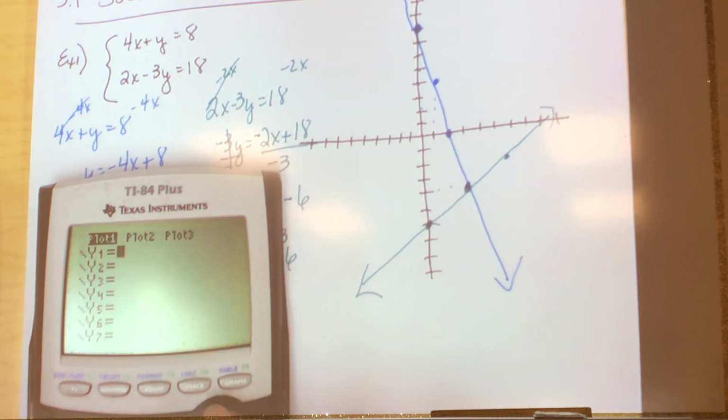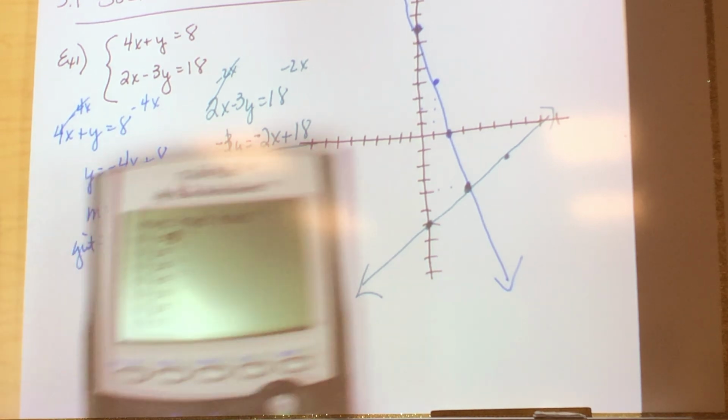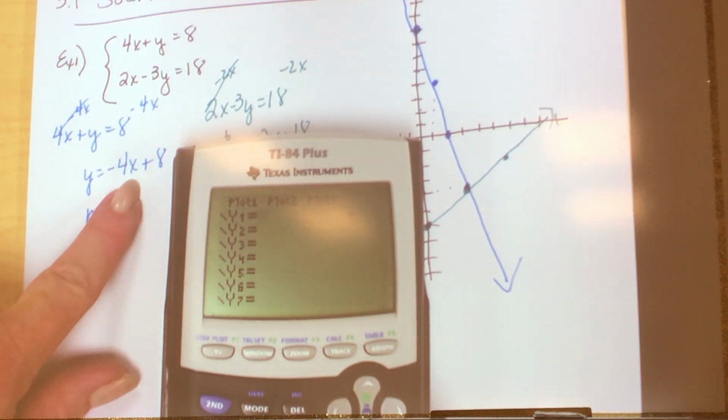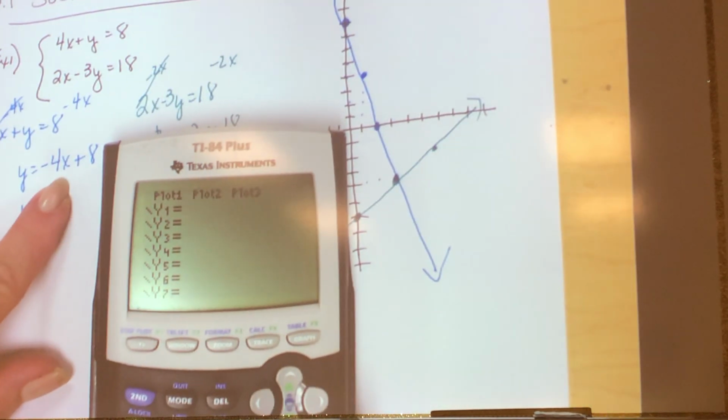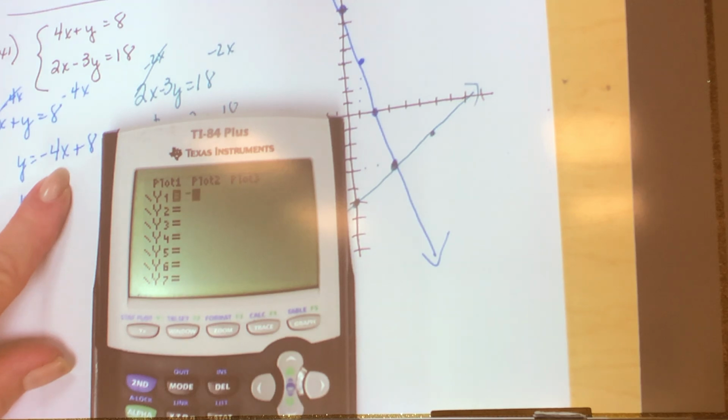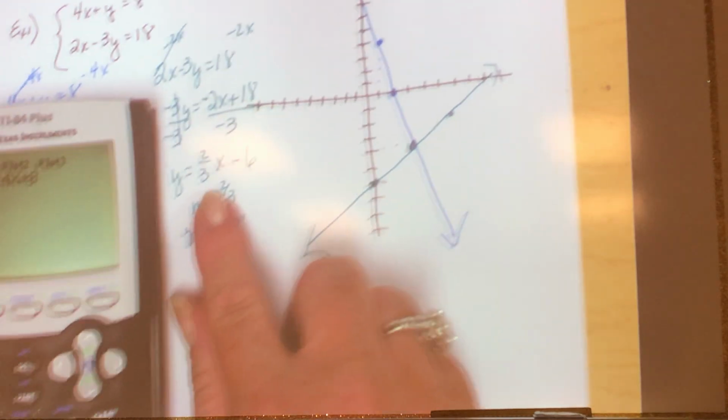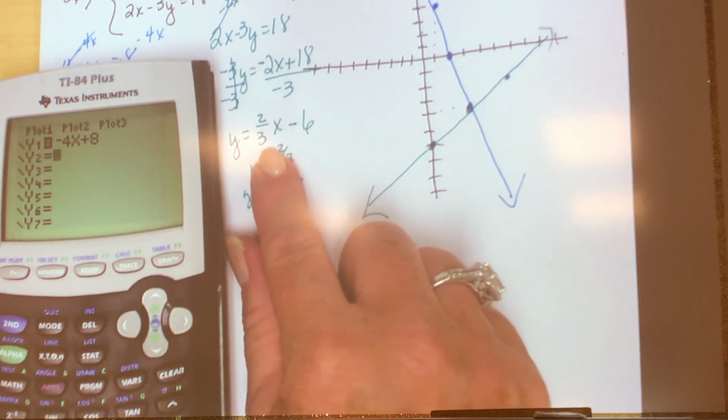So just arrow up on top of it and press enter, and that will turn it off. Okay? So we're going to go down here. Here's my first equation right here, negative 4x plus 8. Enter.